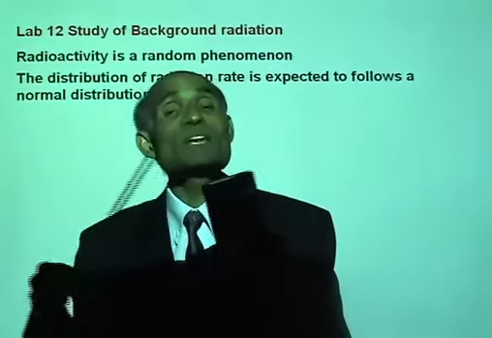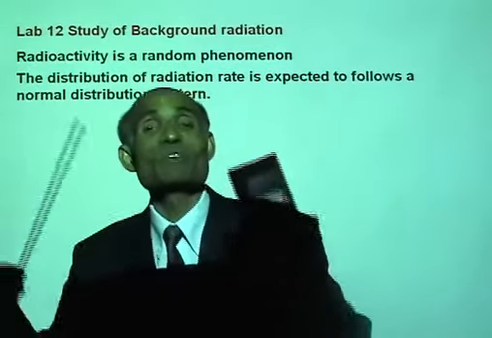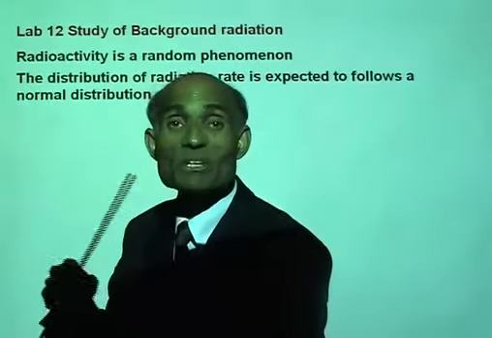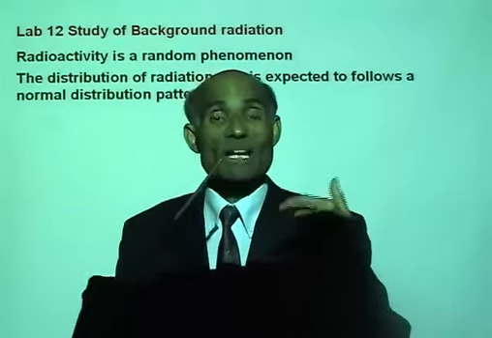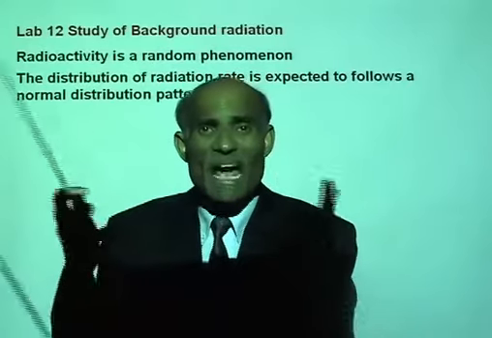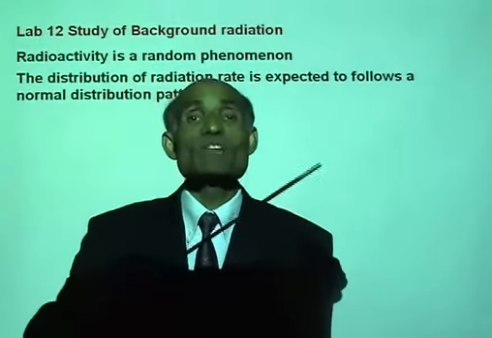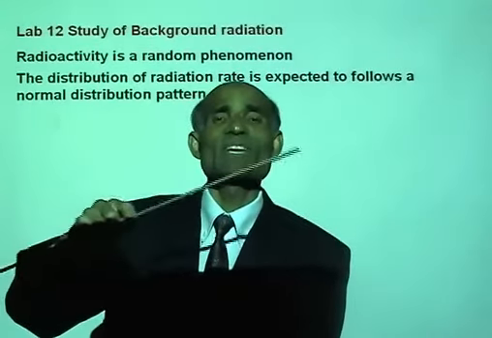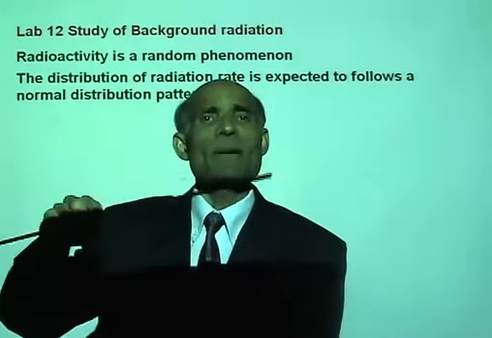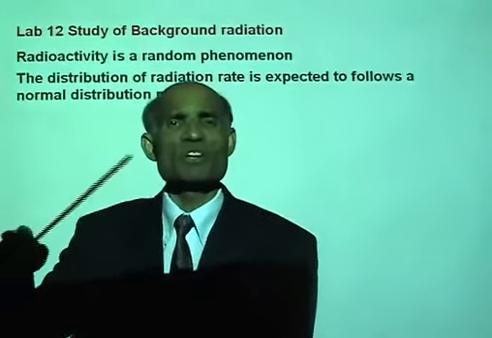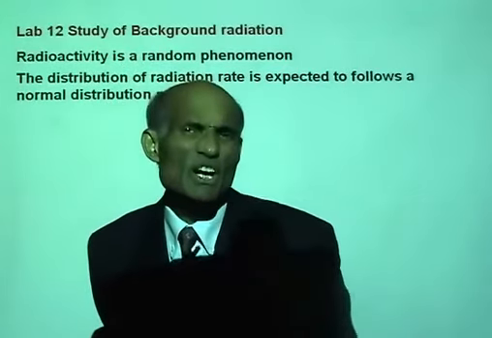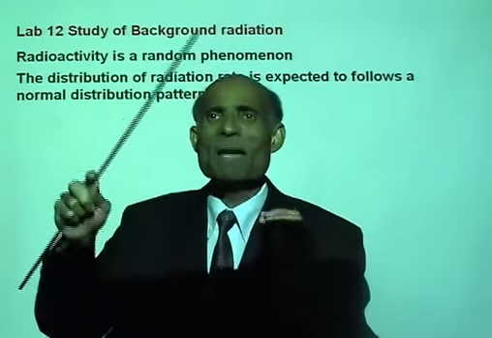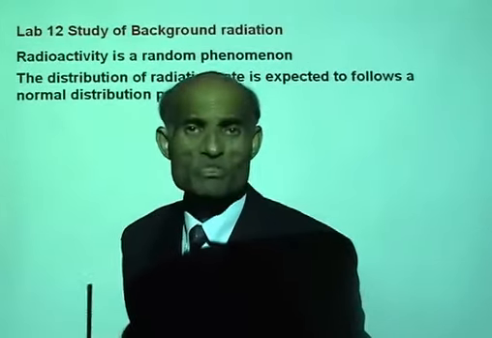No, it will be completely different. Each minute you get a different number of radiations. Now, how will they be distributed? One characteristic of a random phenomenon is that they follow a normal distribution. We call it a bell-shaped distribution. If you have heard anything about statistics, you will understand the meaning of a bell-shaped distribution.